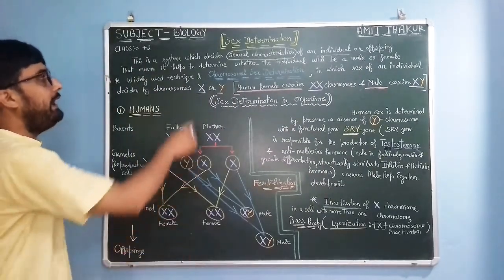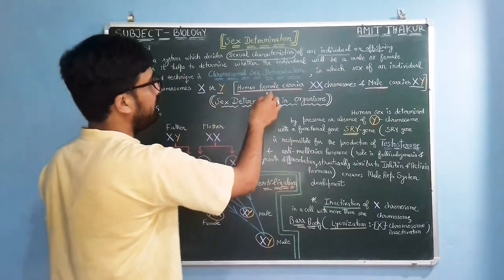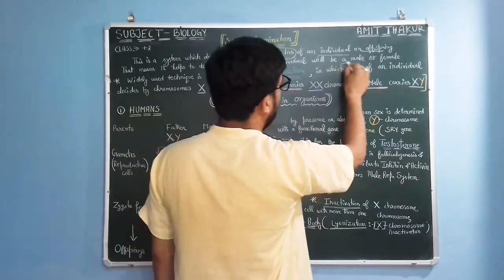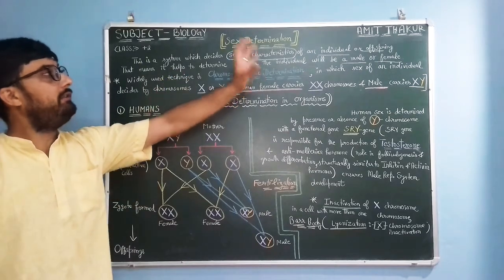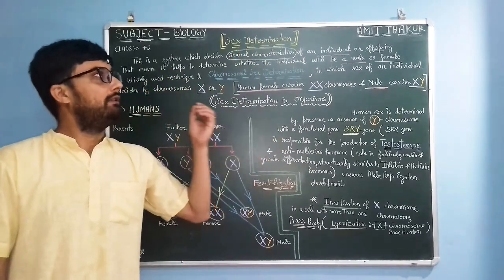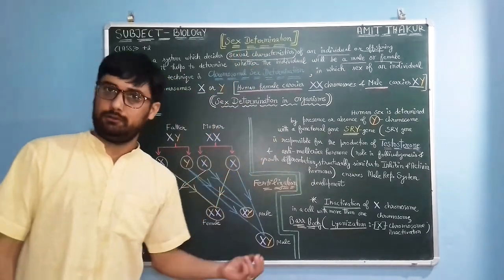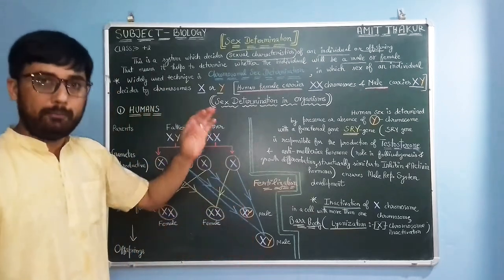That means it helps to determine whether the individual will be a male or female. So determine means we are determining the sex of an individual, whether it is a male or female.